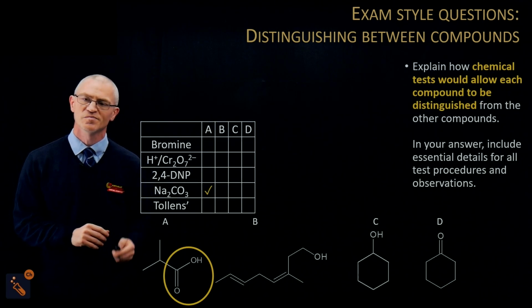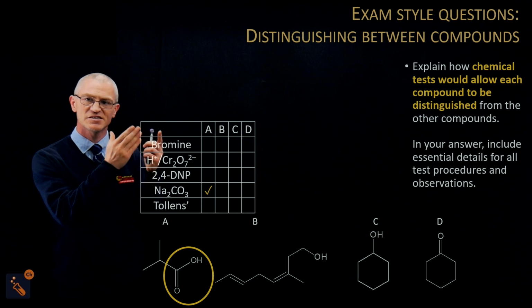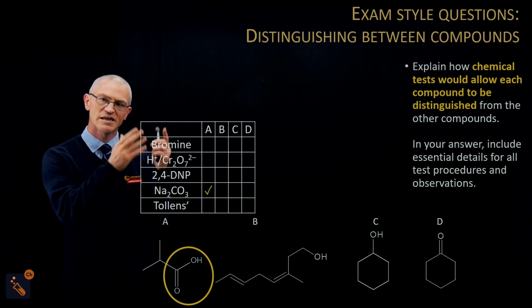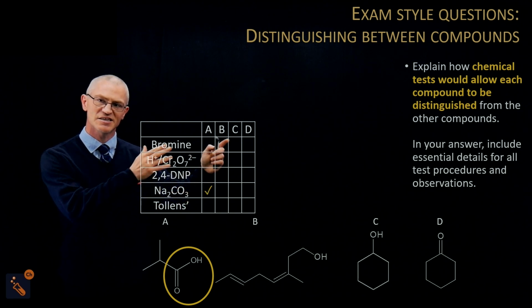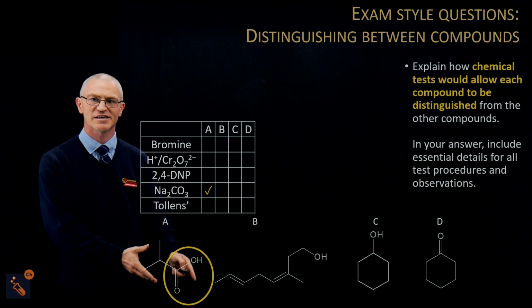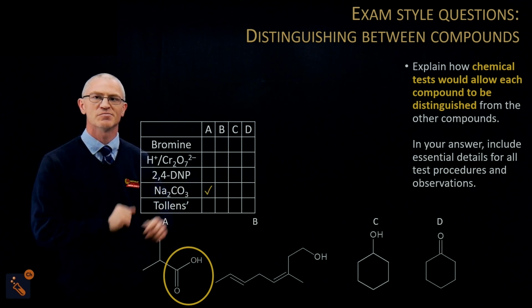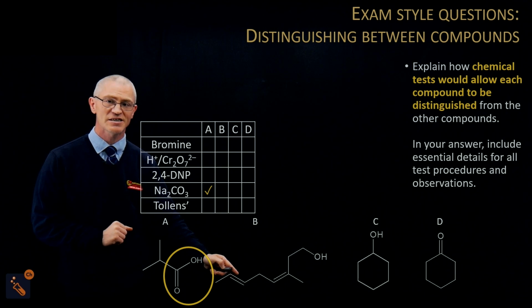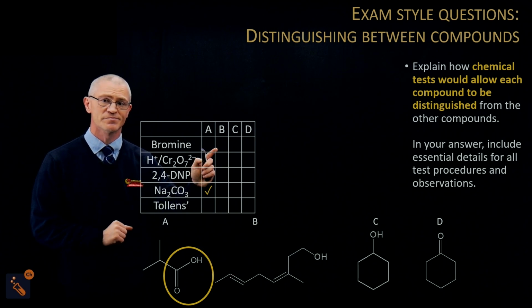Now, in this table, you can see that I've listed most of the reactions that can happen, and I'm just going to tick to see which ones will react with whatever I've got down here. So I've got a carboxylic acid here. It will react with sodium carbonate and produce bubbles for A. The next one is an alkene. Now the alkene will react with bromine.